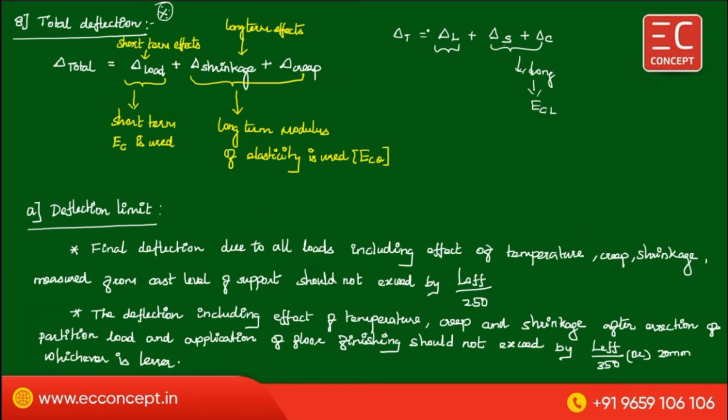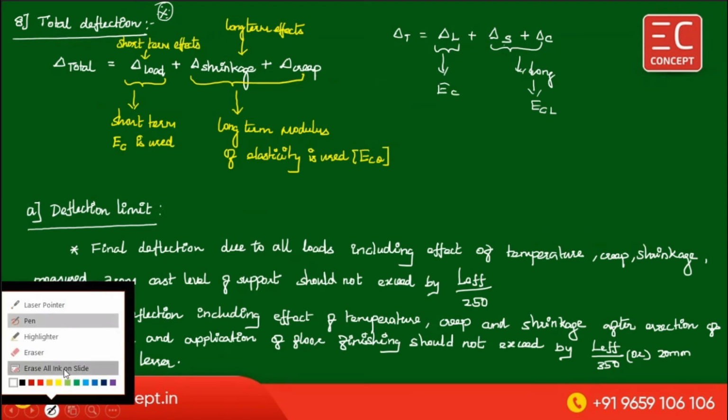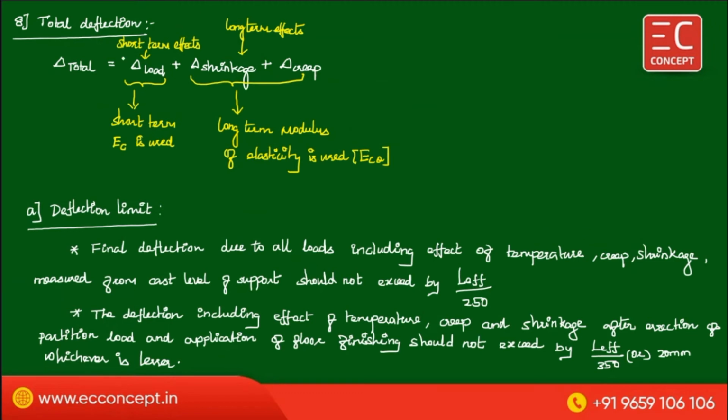Because this is a long term effect, you have to consider Young's modulus of concrete for long term. The load is applied suddenly, so that is short term, and therefore you use the short term Young's modulus of concrete. The load is the short term effect, while shrinkage and creep are the long term effect. The long term modulus of elasticity is used for these cases to calculate deflection.